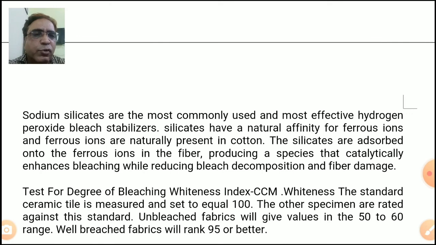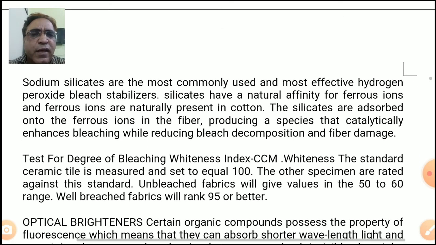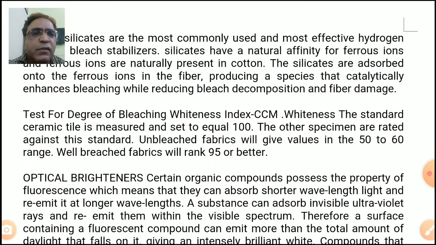Further, there is another discussion in the notes that whiteness can be checked with the help of computer color matching systems. A whiteness index of 50 to 60 is for the unbleached fabric, and up to 95 for well bleached fabrics.